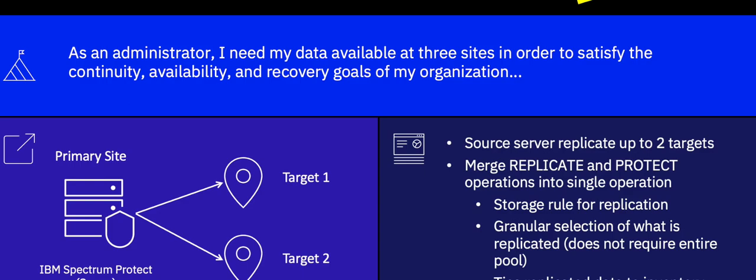This gives us the ability to do concurrent replication to two different sites at once. So now I've got not only my primary backup data, but my secondary and my tertiary copy of data, making it so the attack vectors are minimized for the ransomware attackers.